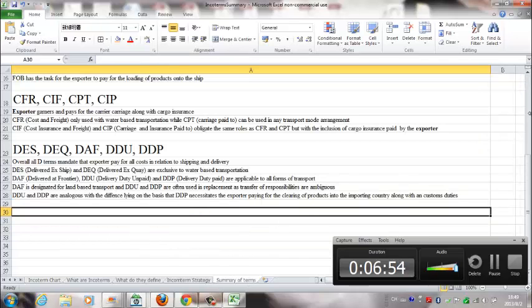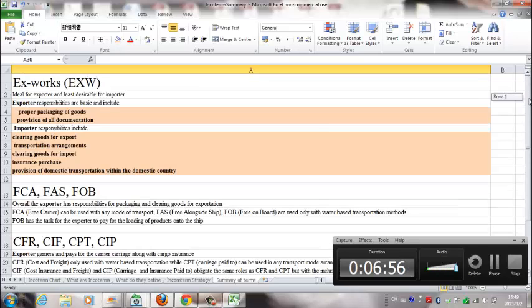Now if we go through a summary of the terms here, there's first off the term EXW. And this one, we can see here, is ideal for the exporter but least desirable for the importer. The exporter's only responsibilities are to properly package the goods and provide all documentation.